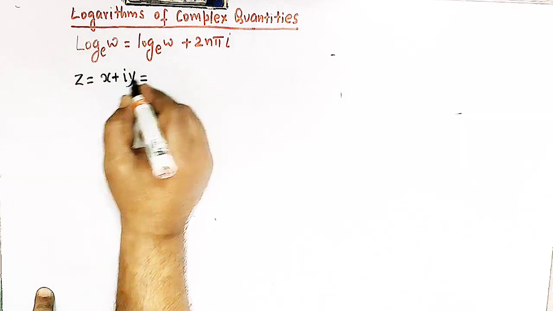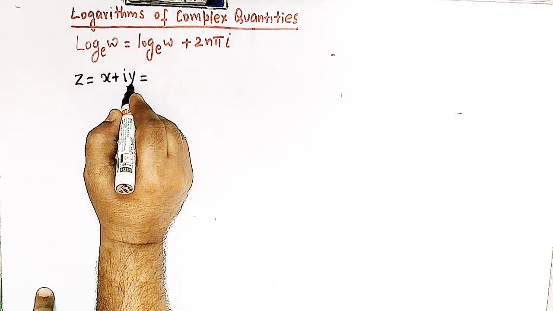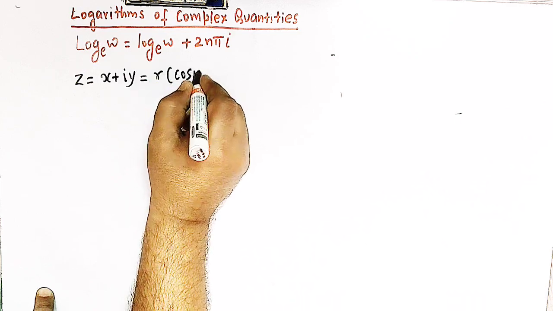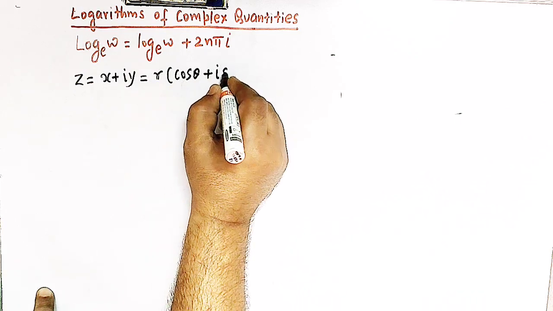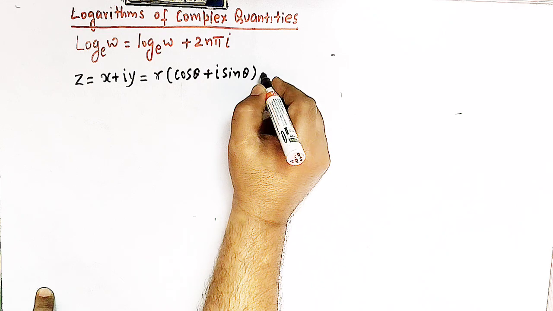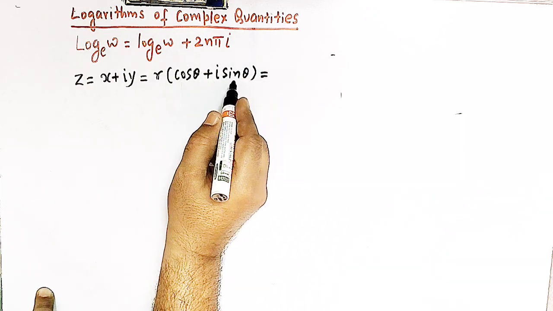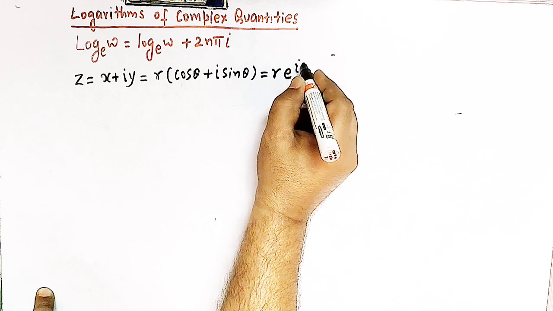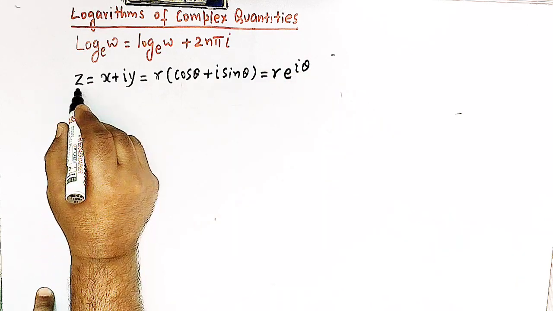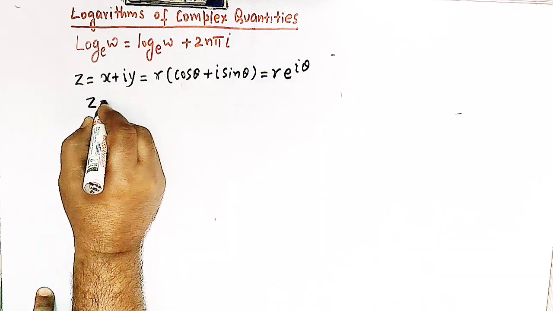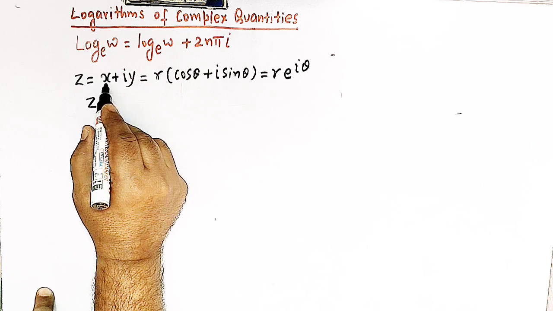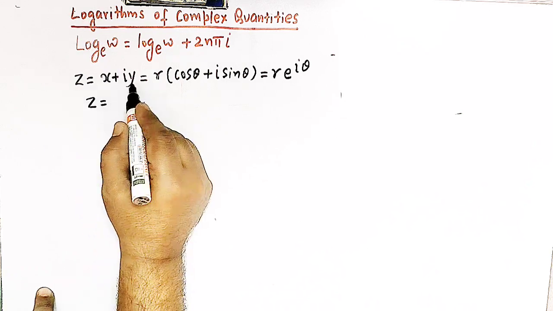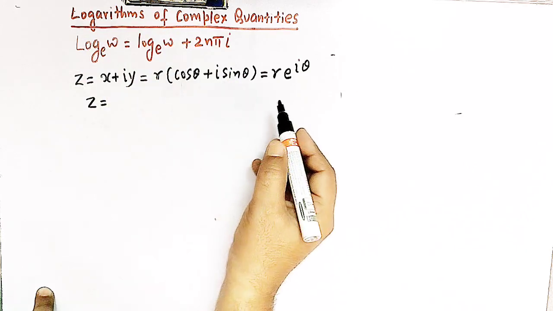And we know that z is equal to x plus iy can be written as r times cosine theta plus iota sine theta, and using Euler's formula we can also write it as r times e raised to i theta, right? So this complex number z, which is equal to x plus iy, where x is the real part and y is the imaginary part.